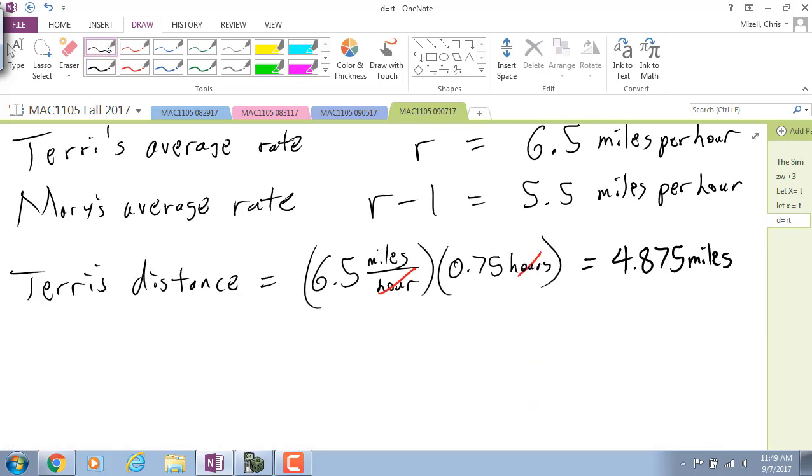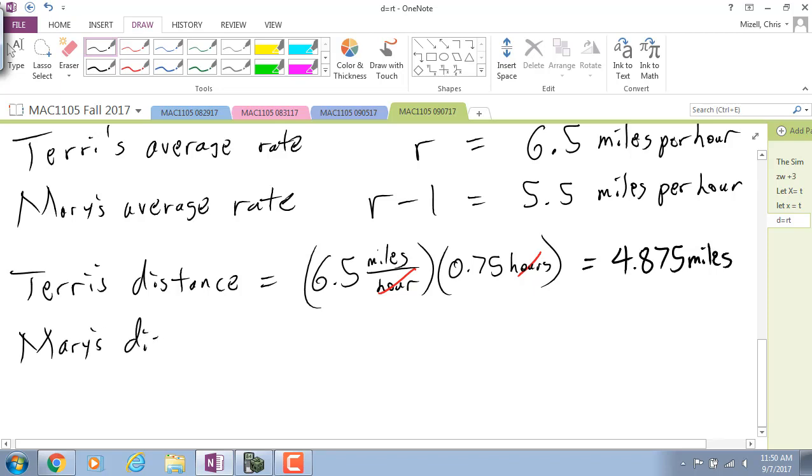There we go. Now there are a couple of ways from here we ought to be able to get Mary's distance. And they ought to agree with each other. Ought to get the same answer both ways. And if we do, we feel like we've done the problem as well as we could have done it. Mary went 2 miles farther than Terry. So Mary would have gone 6.875 miles. But let's see if we can get the 6.875 miles by multiplying her rate by her time.